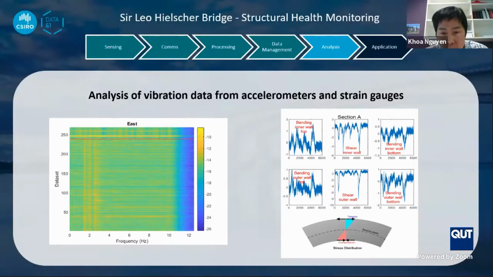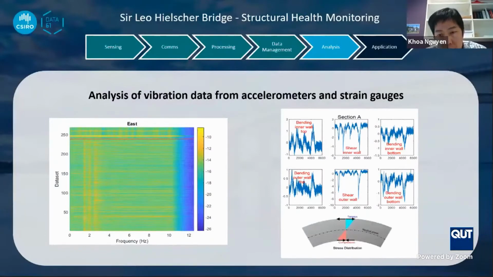In the right figure is some of the strain data collected from section A of the span, and the strain obtained from the sensors in different locations aligns well with our understanding of the expected behavior of the section under light traffic.